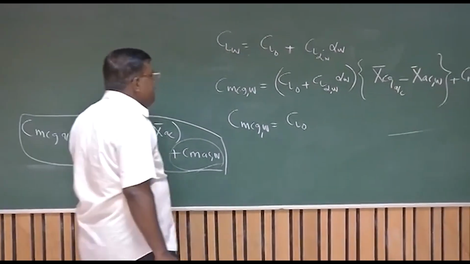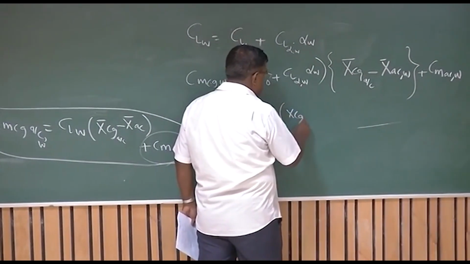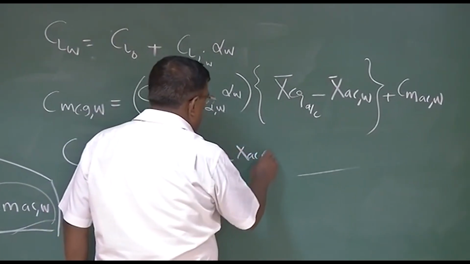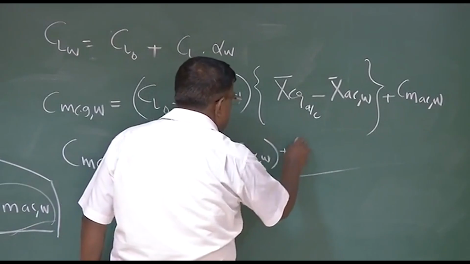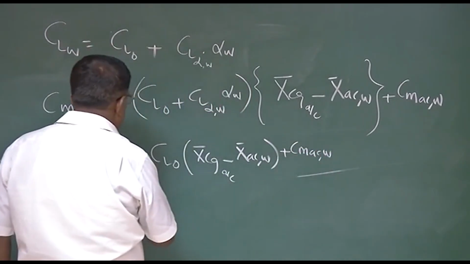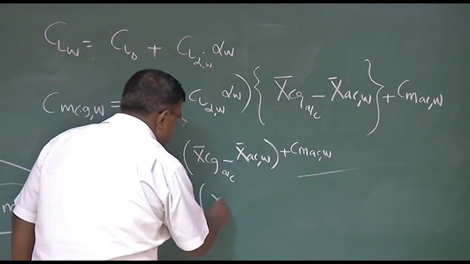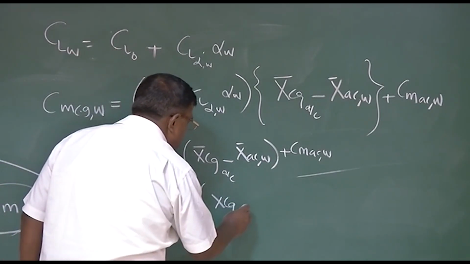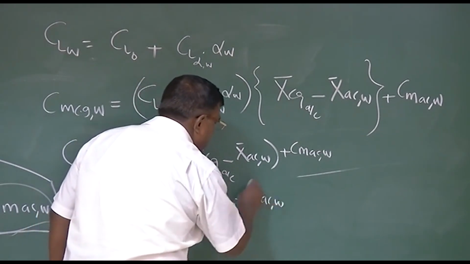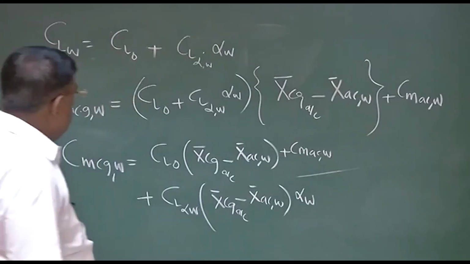So if I do this, what do I get? CL naught into XCG of the aircraft minus XAC of the wing, plus CMAC of the wing, I put as one term, plus CL alpha of the wing into XCG of the aircraft minus XAC of the wing, into alpha W. Right?